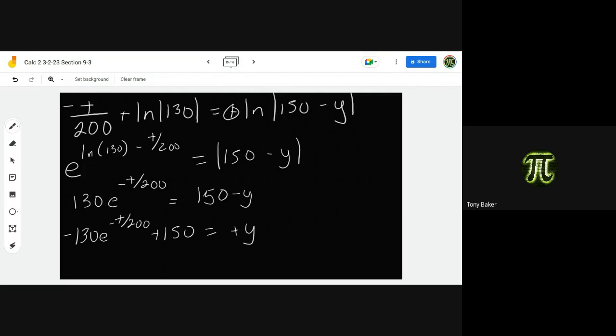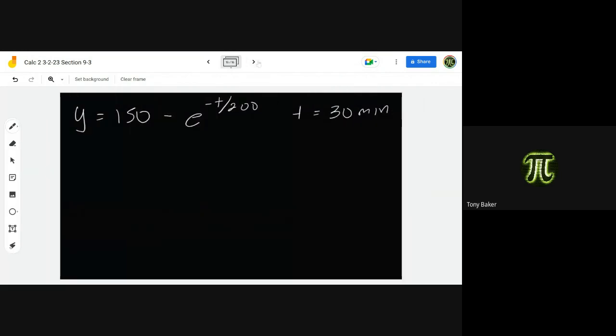Now we can plug in 30 minutes. So we have 150 minus 130 e to the negative 30 over 200.